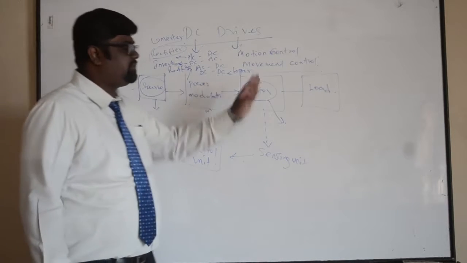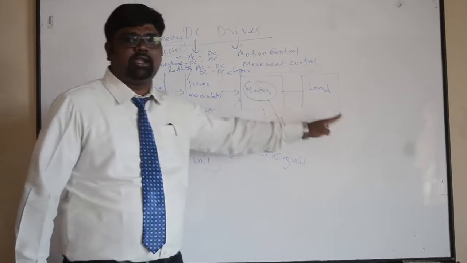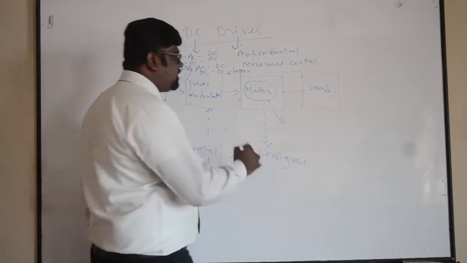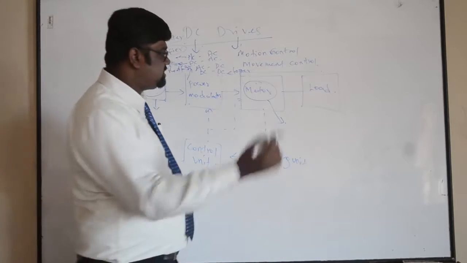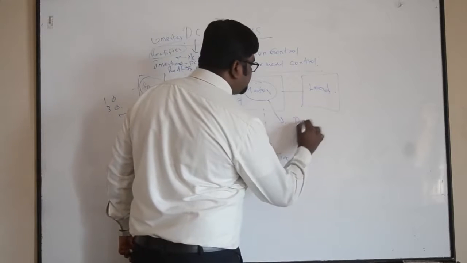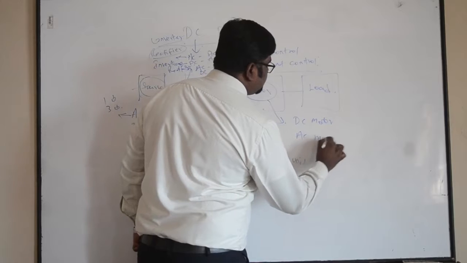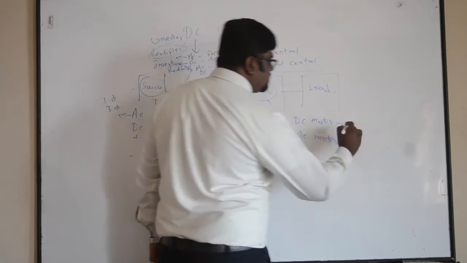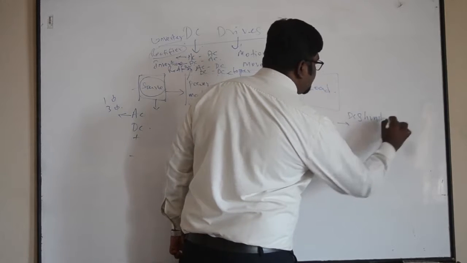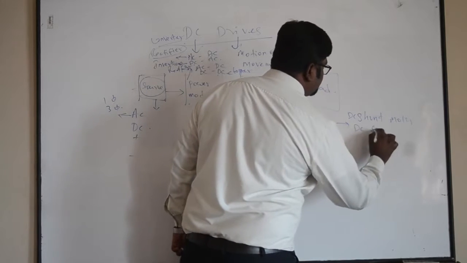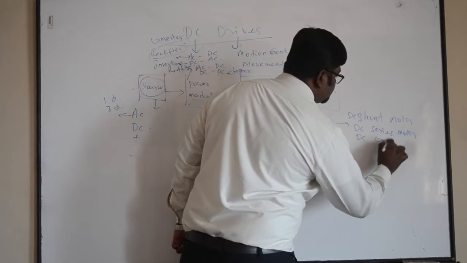Next, we are coming into the very important area, that is the motor and the load. Here the motor, as we already studied in basic electrical machines, can be classified into DC motor as well as AC motor. You all know the DC motor can be broadly classified into DC shunt motor, DC series motor, and DC compound motor.